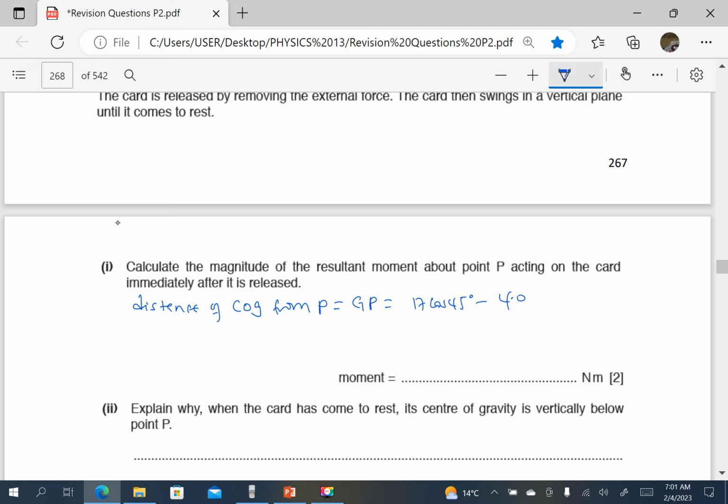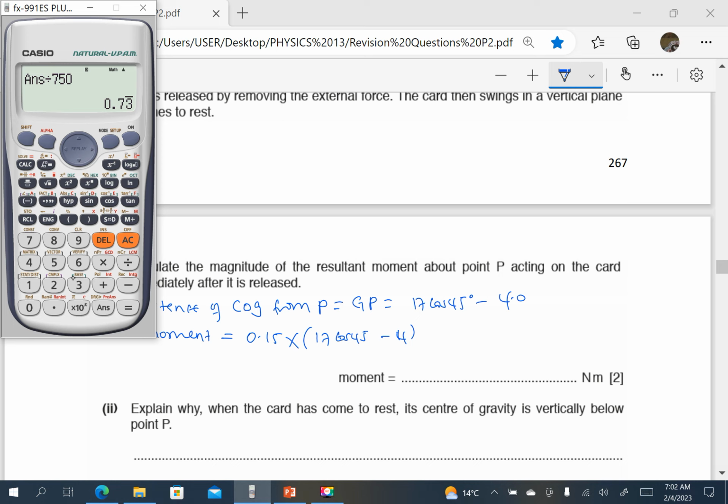So we want now the moment. The moment is equal to the force times the perpendicular distance, and the force is 0.15, which is the weight, times the perpendicular distance, which is 17 cos 45 minus 4. So let's check this. I'll start with the distance, which is 17 cos 45 minus 4. Then I multiply this by 0.15.